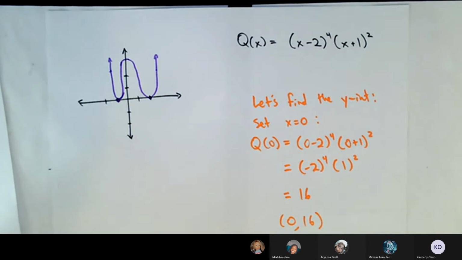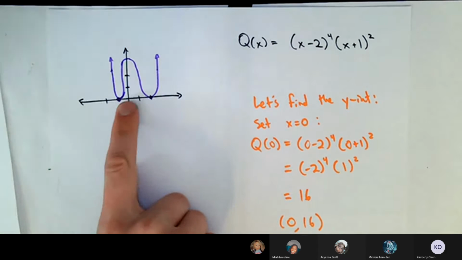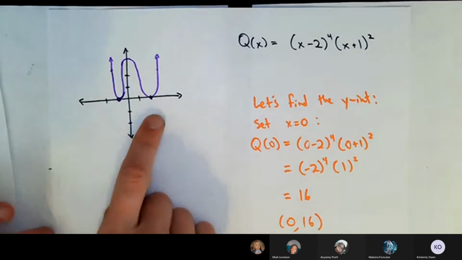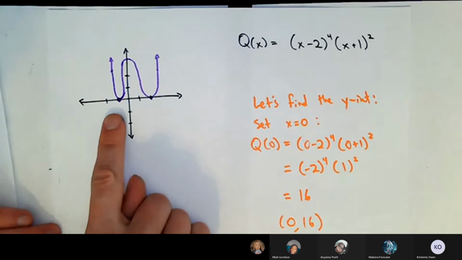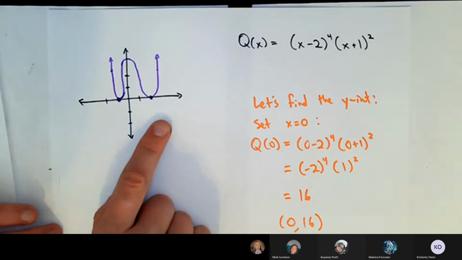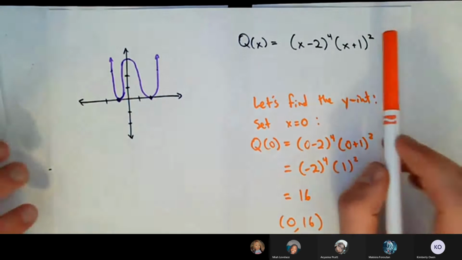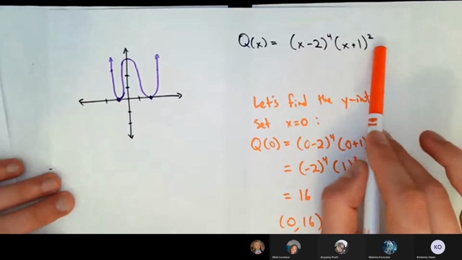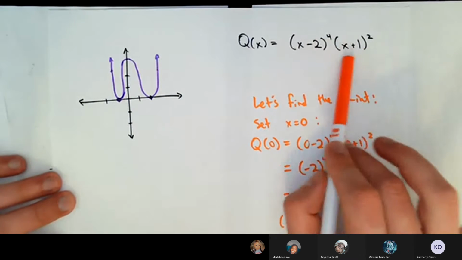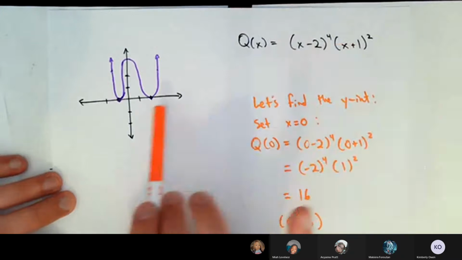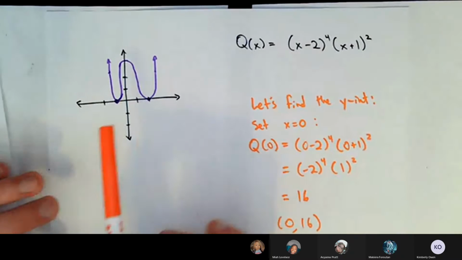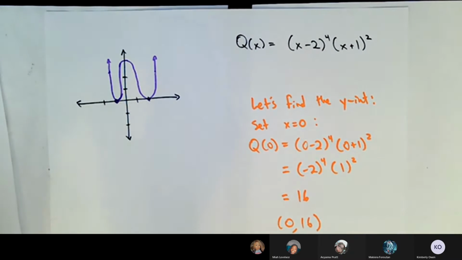Now I'm going to show you the actual graph, which I'm going to let Desmos do. And you're going to see there is a bit of a difference happening at this x-intercept versus this x-intercept. It still bounces, but it's not going to bounce exactly the same. That's because while they're both even, this one at (2, 0) has a higher multiplicity.